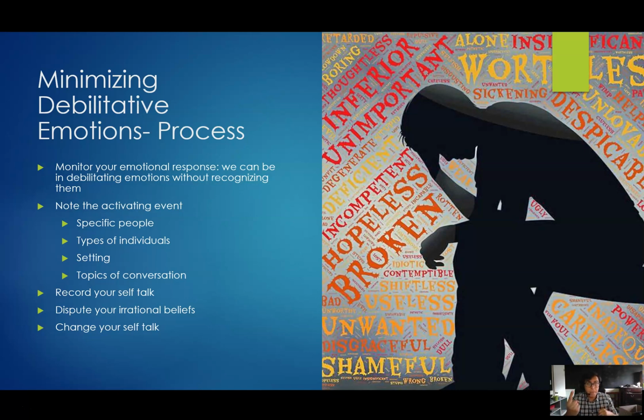Note the specific people you're with. Sometimes it's the relationship that causes these debilitative emotions. Also, the types of individuals. Are they parental roles? Are they people in power? Are they maybe people lower than you? With people you interact with where you have more power, you may feel like you don't want to harm or inconvenience them in any way, so you have that debilitative emotion of maybe I shouldn't do anything.